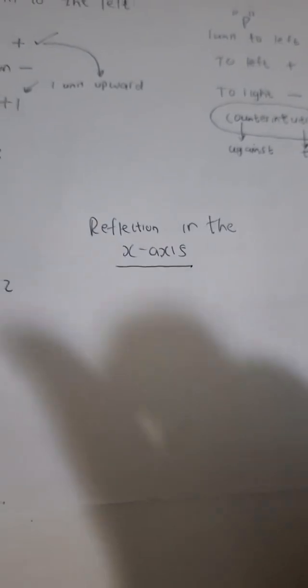Remember, let's first look at what a reflection in the x-axis means, first and foremost. And maybe what is the other way that this very same concept can be asked?